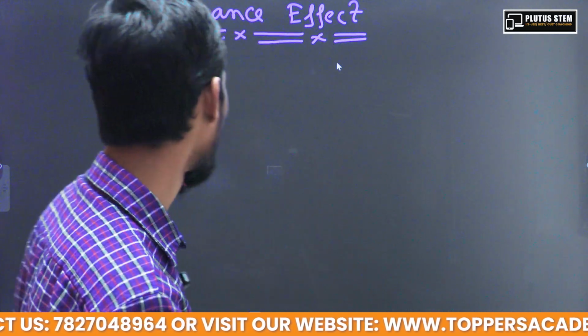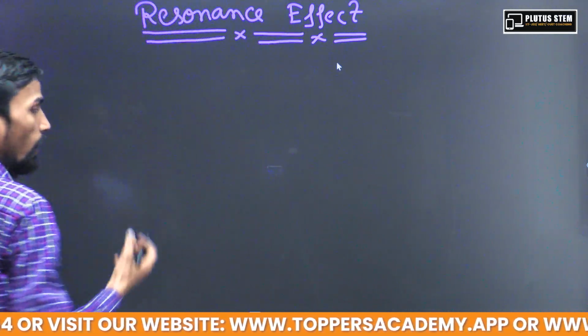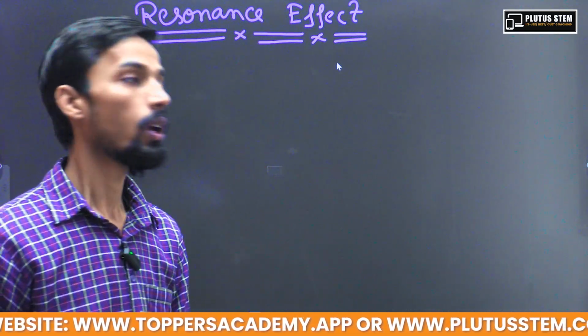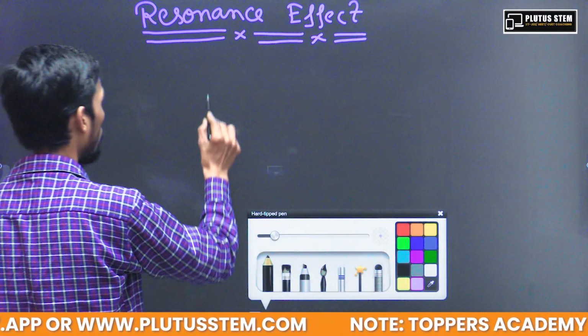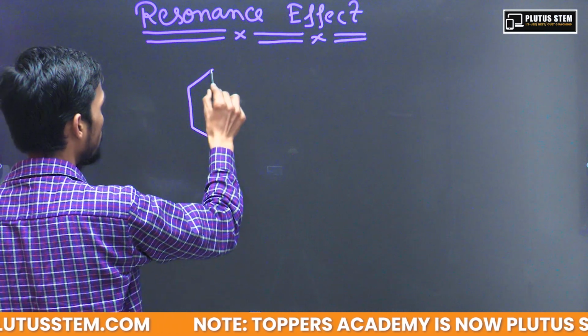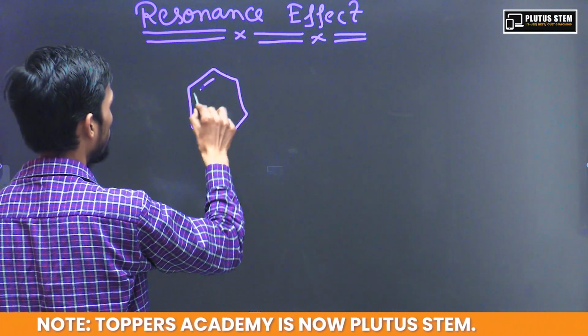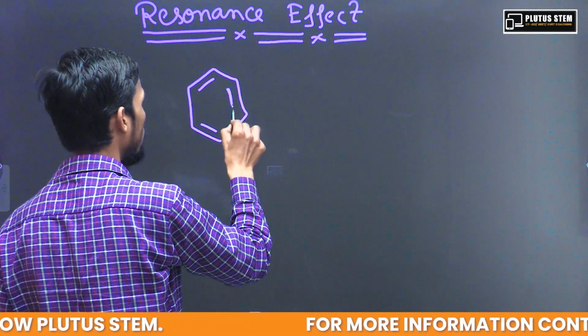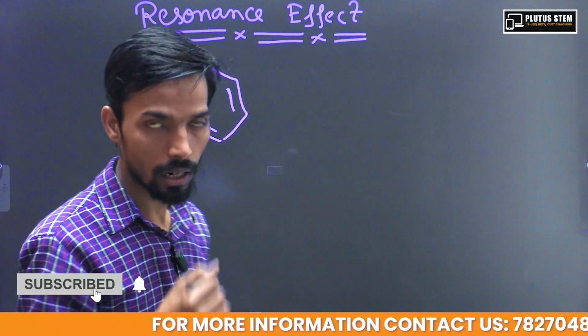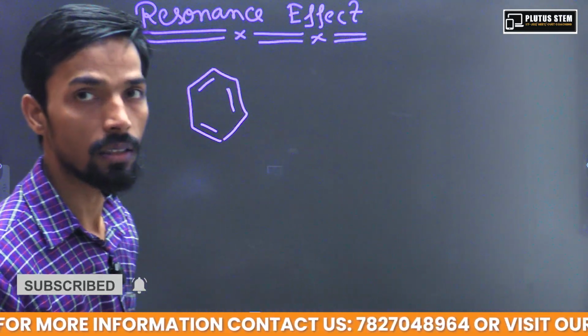Today we are going to start with the basic question: why do we need resonance? The starting of resonance came from the very important compound benzene. This is our benzene compound, and it has single bonds and double bonds.